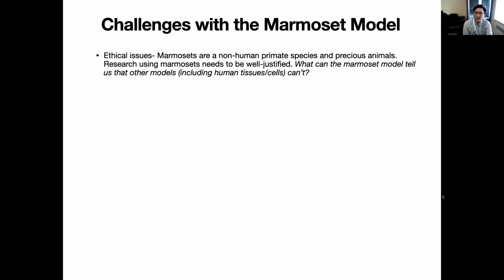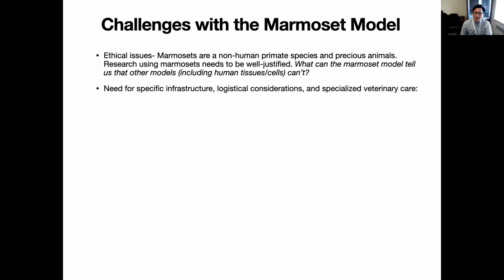Research with marmosets needs to be well justified, just like other animal models. In particular, we need to think about how the marmoset model can answer certain questions that other models can't, for example human tissue models or iPS cells, or rodent models as well.